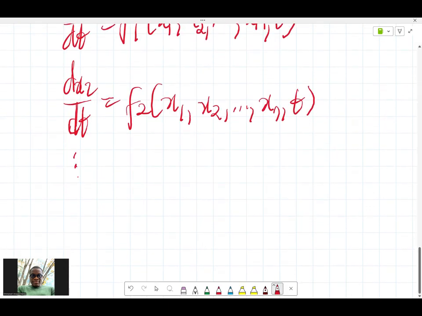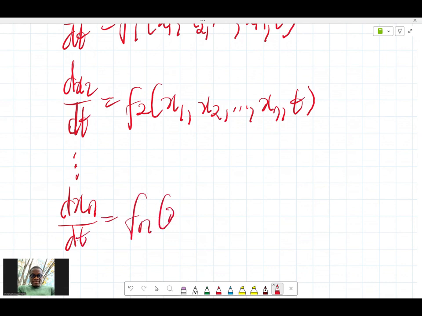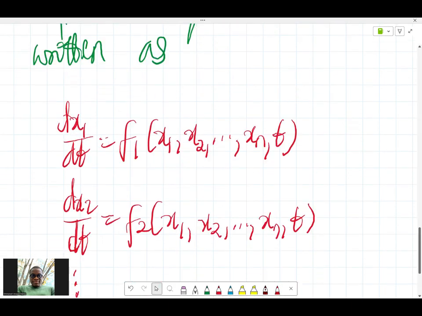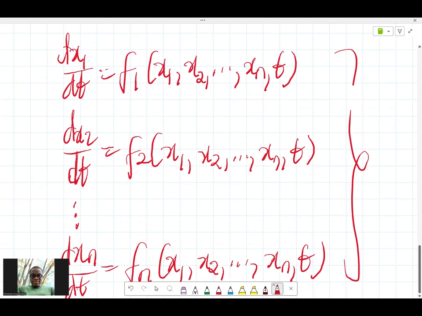And then that can go on. You can have 3 equations, you can have 4, you can have as many as you want. It goes all the way down to n equations, dxn/dt equal to fn of x1, x2, all the way down to xn, and t. This is the system we're talking about.